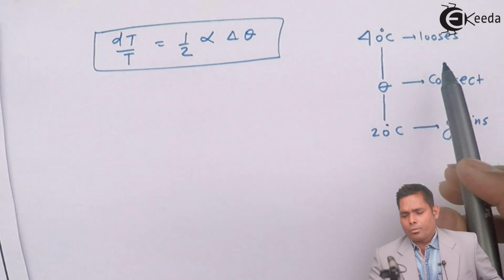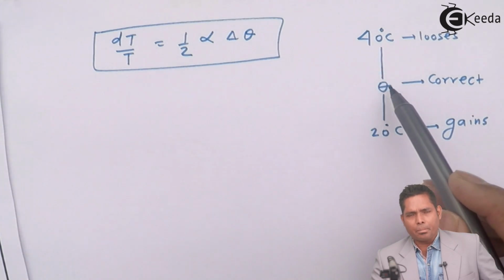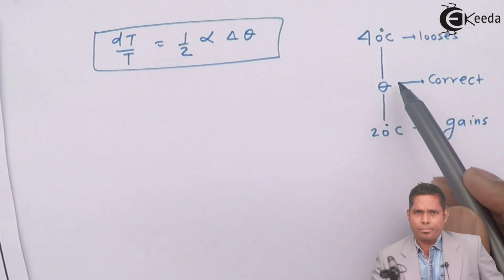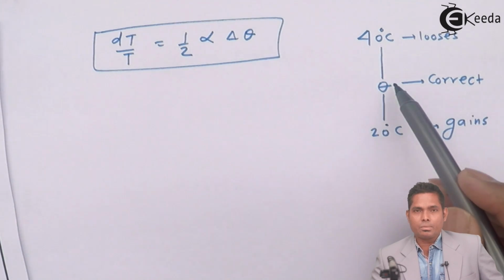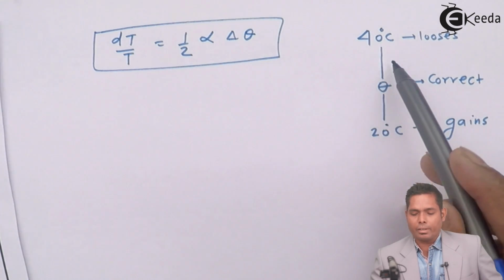That means in between 40 degrees centigrade and 20 degrees centigrade there must lie a temperature where the clock gives correct time. How to find that?